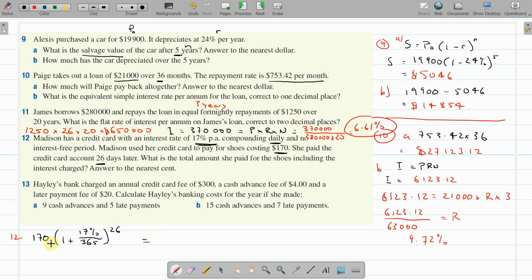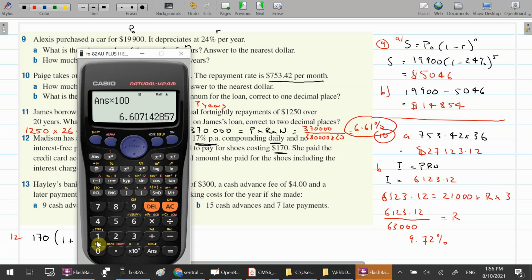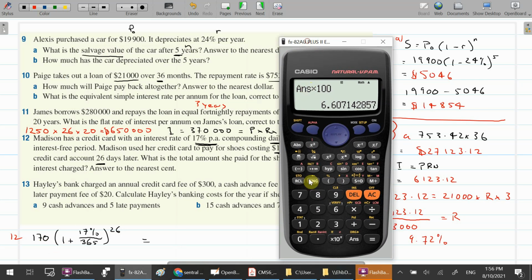The original price plus then to work out the interest part of it. 1 plus 17%. Yep. So what's that? 170 bracket 1 plus, we got our 17%, and because that 17% is yearly, for daily, divide that yearly by 365, and it's for 26 days.